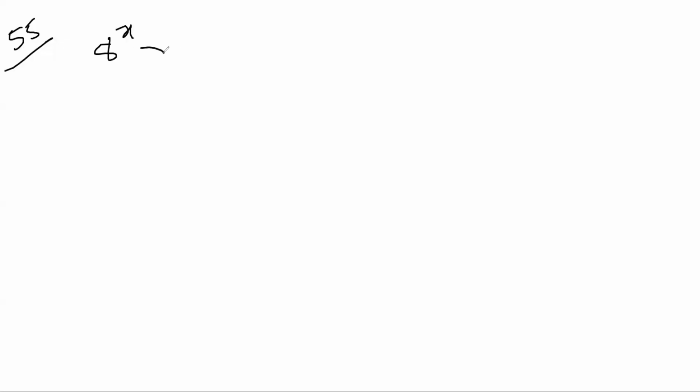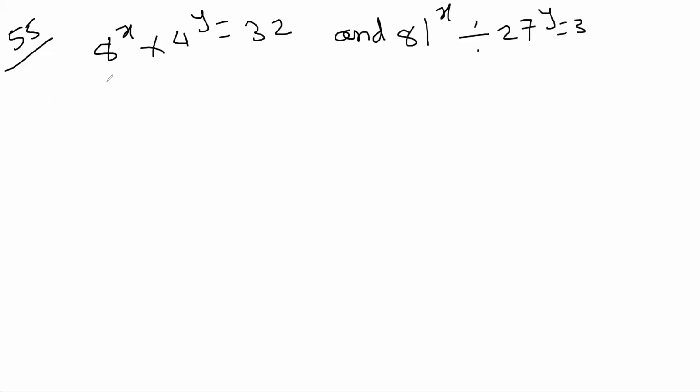8 raised to x into 4 raised to y is equal to 32, and 81 raised to x divided by 27 raised to y is equal to 3. So what do you do here? You factor 32 such that it is 8 into 4. You have to factor that in such a way that you can compare them directly.